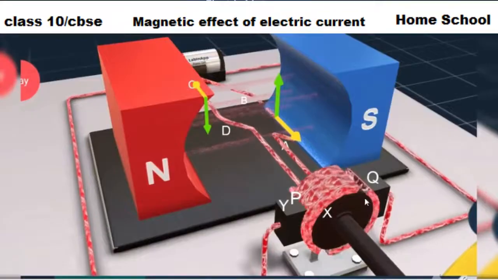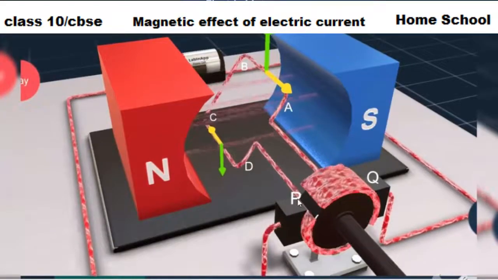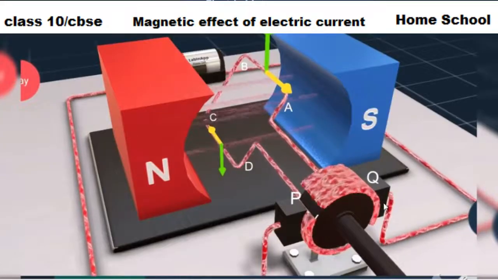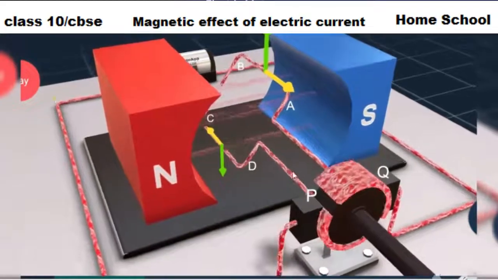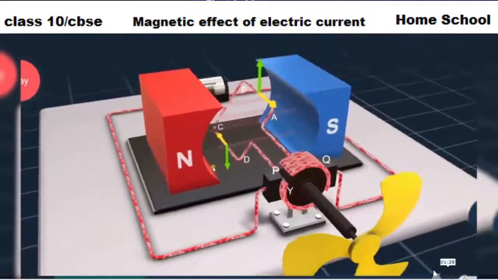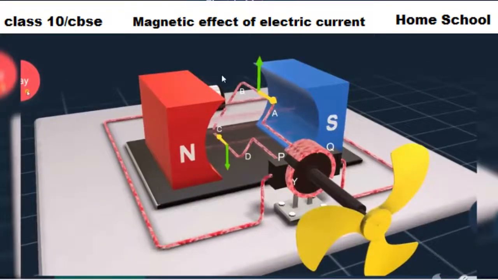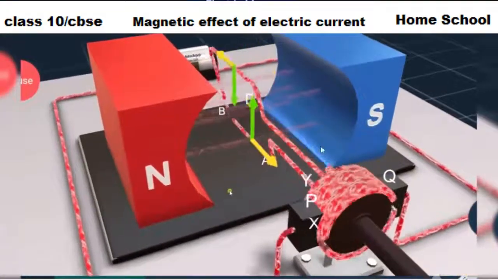So these half rotations continue all together. Split ring Q comes towards the brush X and the split ring P goes towards the brush Y, and these half rotations keep happening, and the coil moves in the anti-clockwise direction continuously.